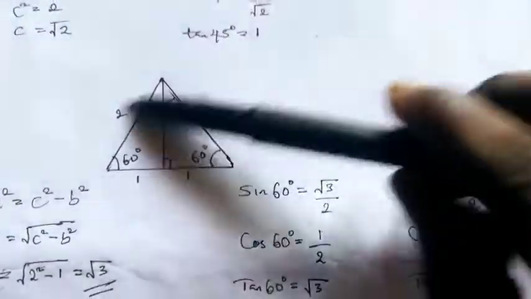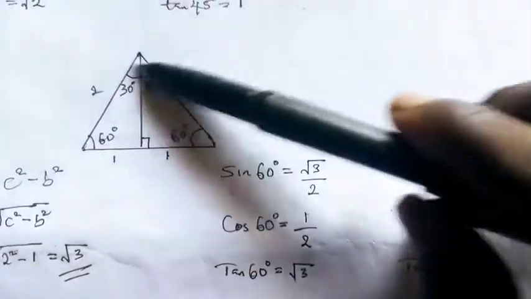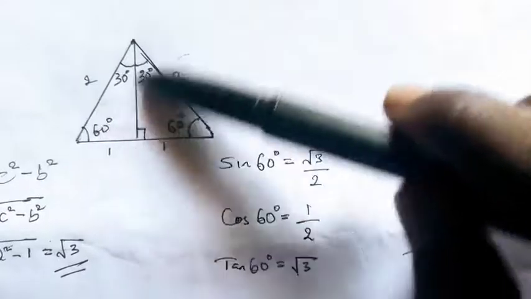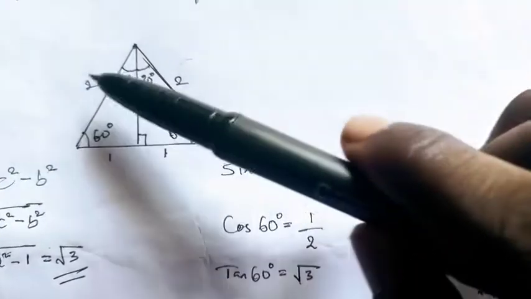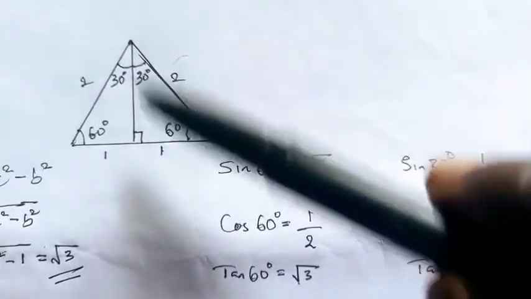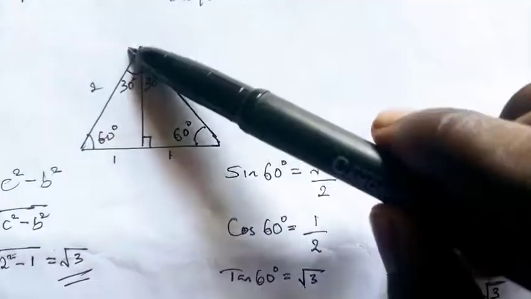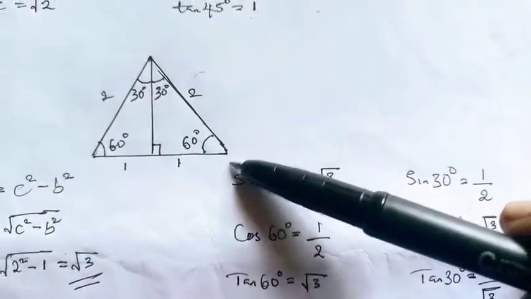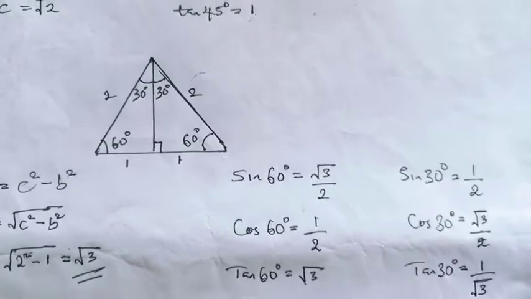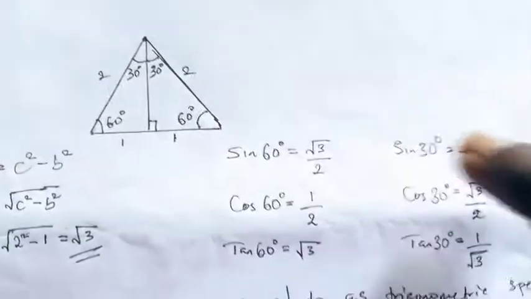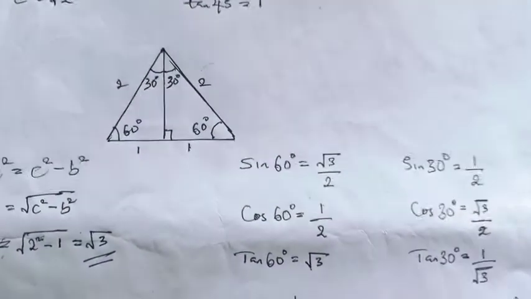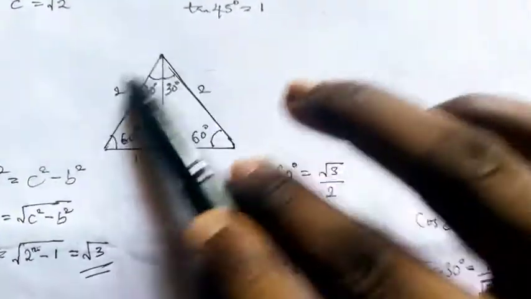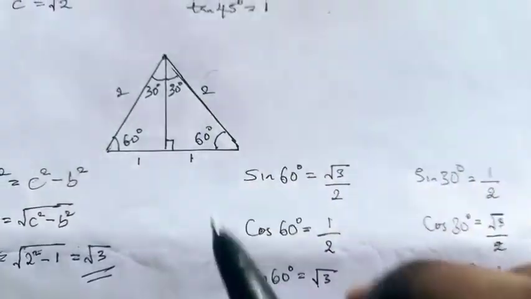To evaluate that for 30 and 60 degrees, we have an equilateral triangle with sides of 2 units each. So this has to be equal to this and to this, since this is an equilateral triangle, although it is not drawn to scale.